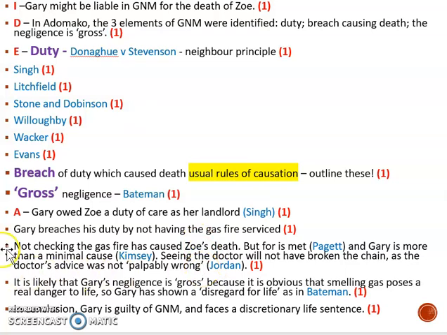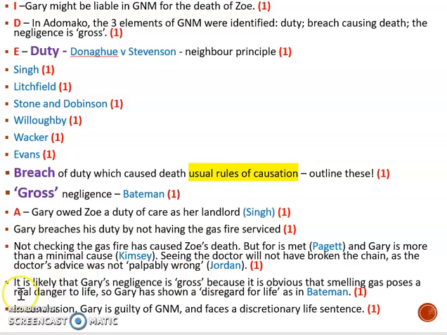So I would say that not checking the gas fire has caused Zoe's death because but for is met, and you'd say Zoe wouldn't have died but for him failing to maintain the gas fire. He's more than minimal cause using Kimsey. Seeing the doctor won't have broken the chain, as we've said, the doctor didn't do anything that was palpably wrong.